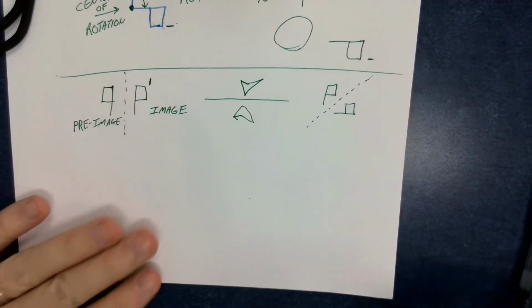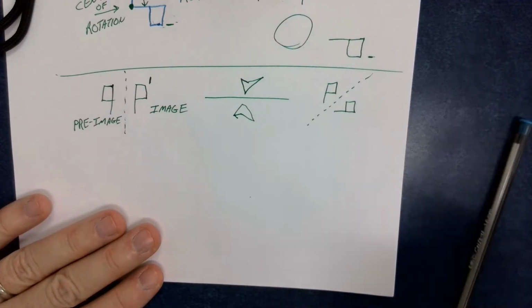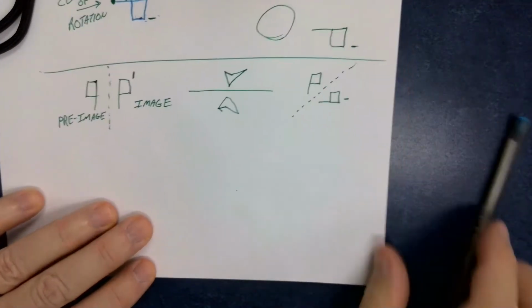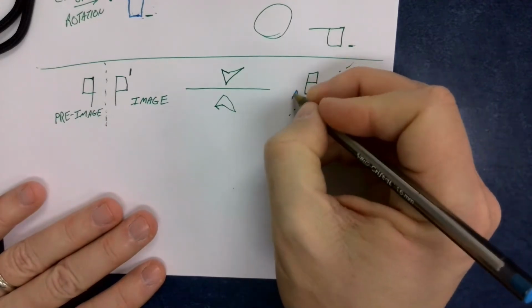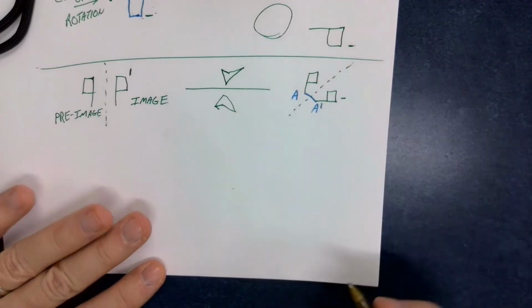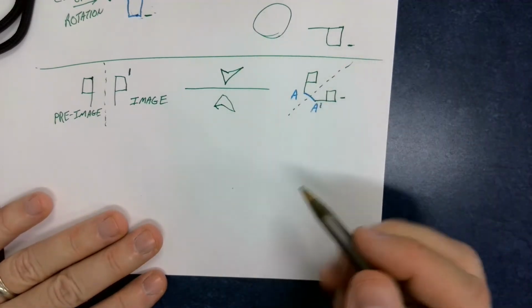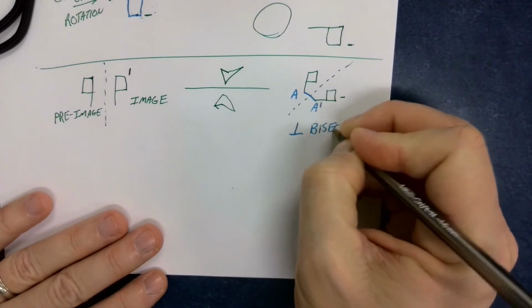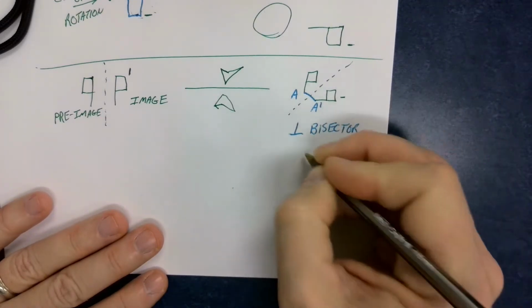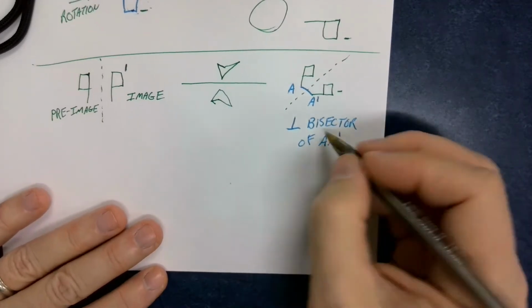But we also know that anytime that I take the original point and its image, there's my flag prime, so like this is A and this is A prime, that this line of reflection is also a perpendicular bisector of that segment, A A prime.